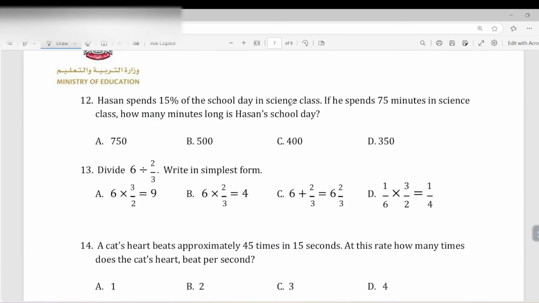That's it. You see, Hassan spent 15% of his school time. 15% is 15 by 100. That means part by whole. If he spent 75 minutes in science, science is the part. Whole means total time in the school. This is the formula.